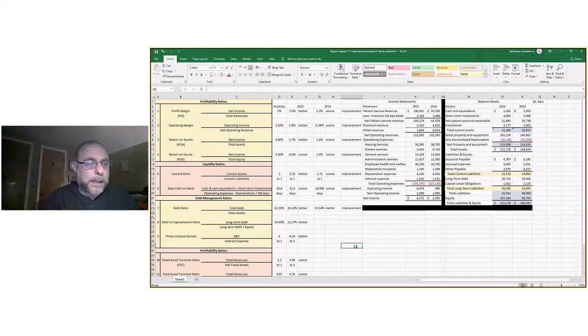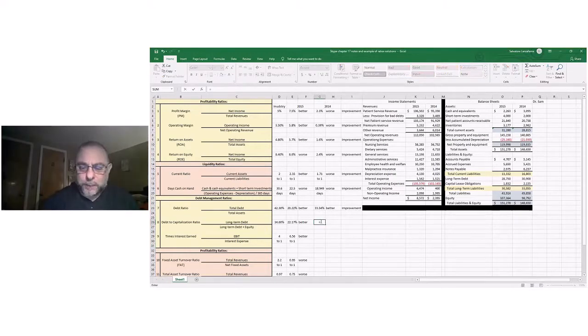And maybe by looking at the debt to capitalization ratio, we may be able to shine a little more light on this. But you'll notice that we were still better than the industry from debt to long-term debt and equity. Let's see how we were doing in 2014.